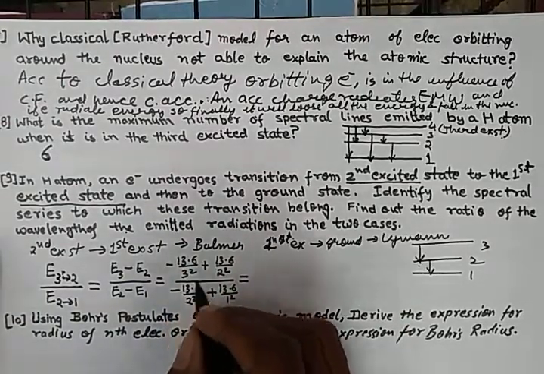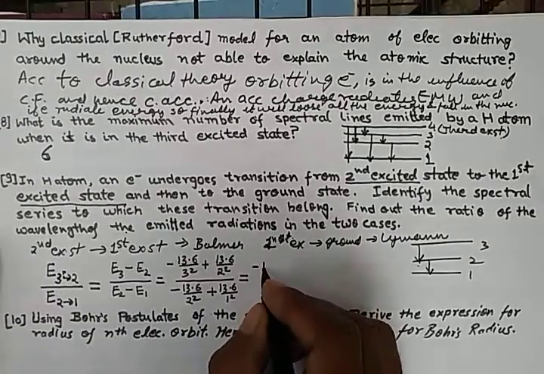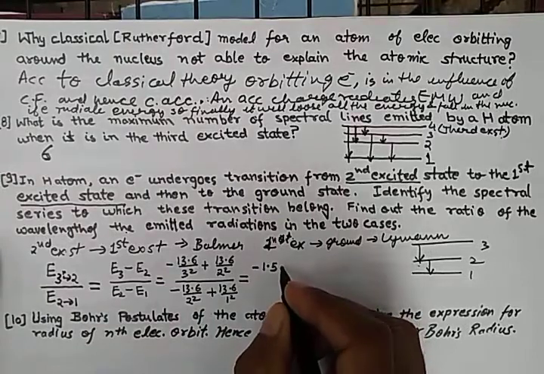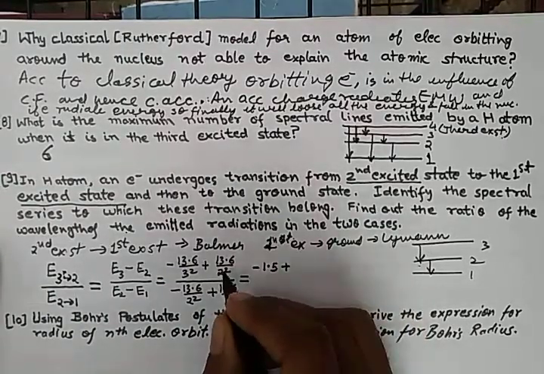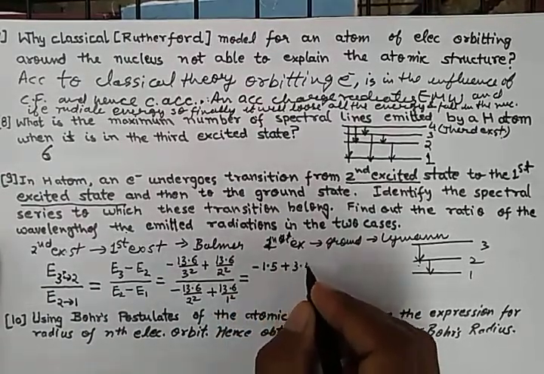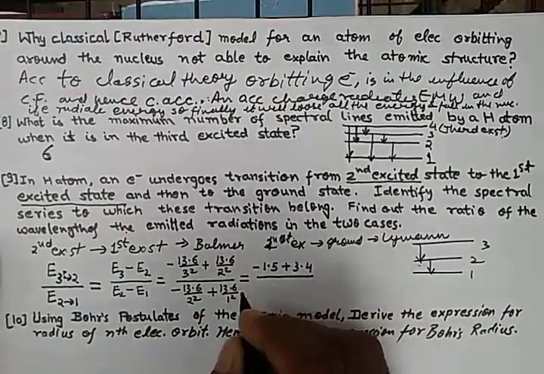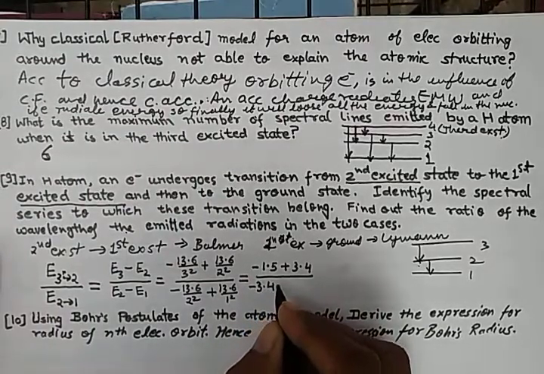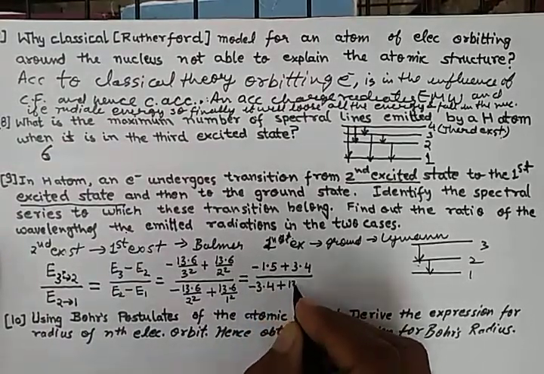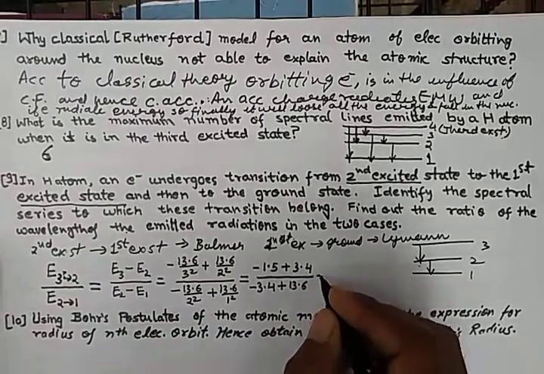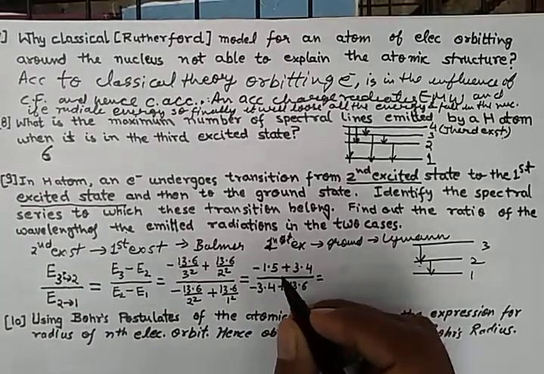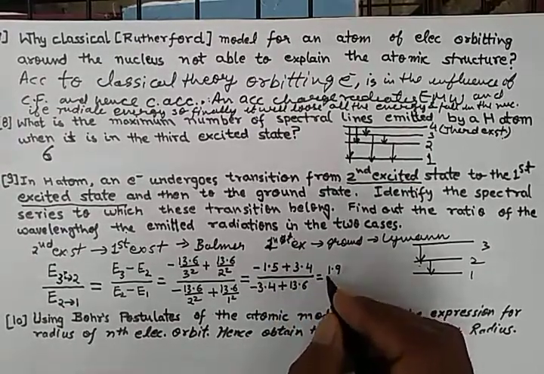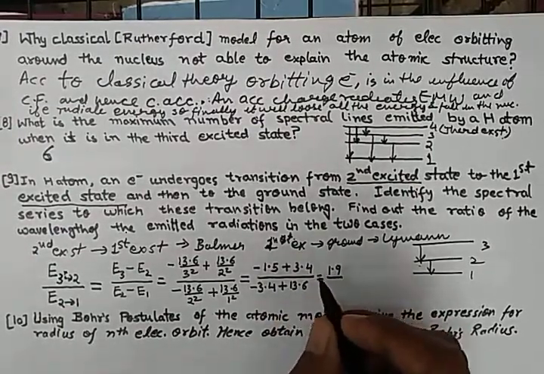So this is equal to 13.6 upon 9. So this will be minus 9 ones are 9 and 9, approximately 5s are 45, and plus here 4 3s are 4 4s are, and upon minus 3.4 and plus 13.6, and this will turn out to be 1.9 upon, is it 1.9?